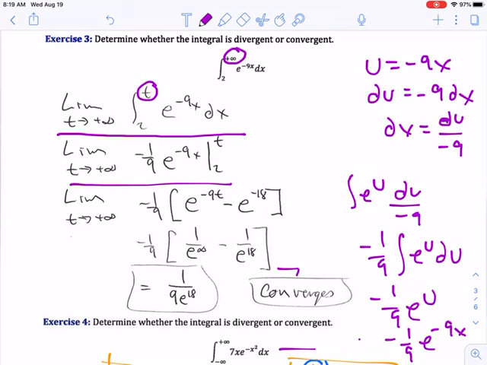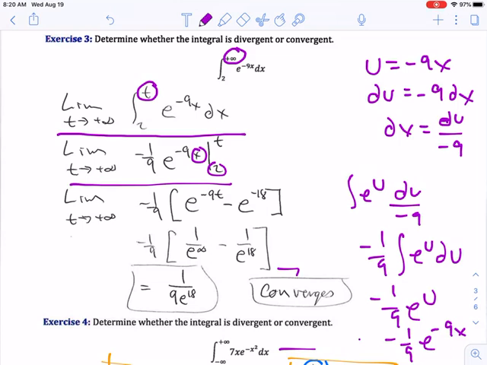And now we evaluate that from 2 to t. So taking out the x, putting in t, and then taking out the x and putting in 2, we end up with e to the negative 9t.